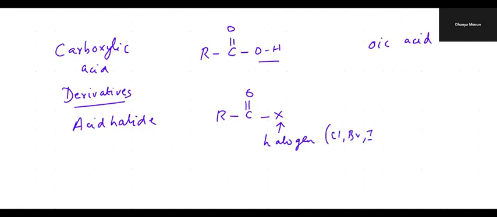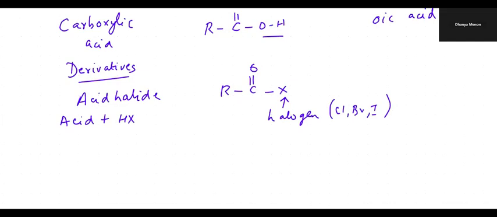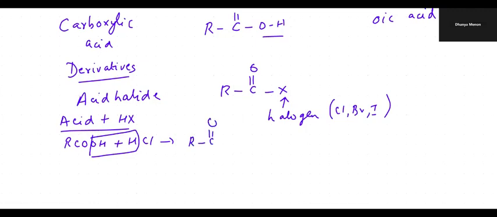And how is it formed? Acid plus, for example, RCOOH plus suppose HCl, and water is removed. What do you get? You get RCOCl.